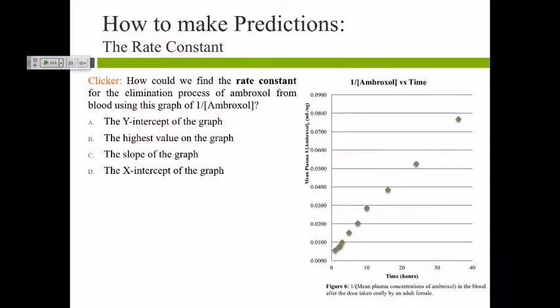Okay, so in order to use that information, whether it's a differentiated rate law or an integrated rate law, we need to find the rate constant. So what are we going to use in order to find the rate constant?